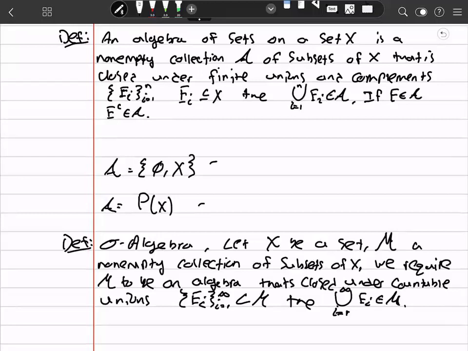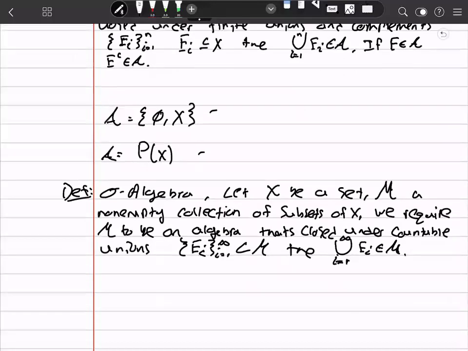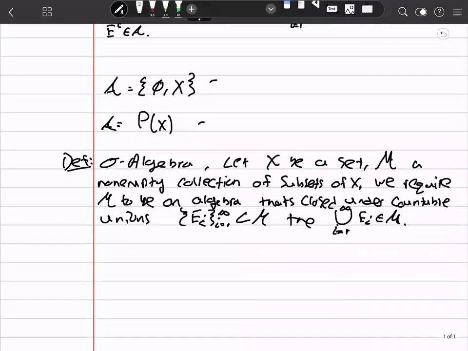And we can point out that we are not only closed under countable unions, but by the fact that we're closed under complements too, that also tells us that we're closed under countable intersections.